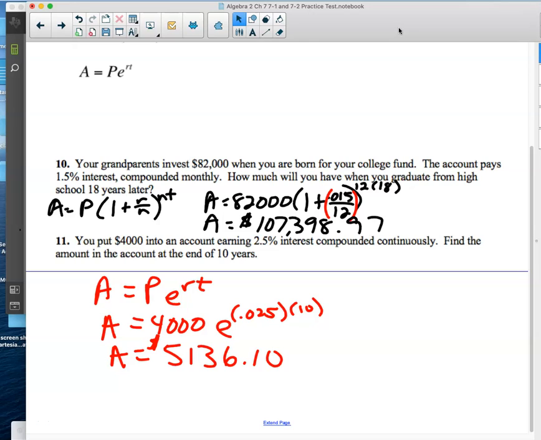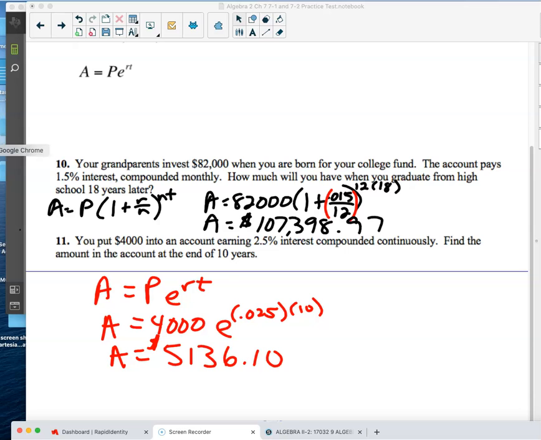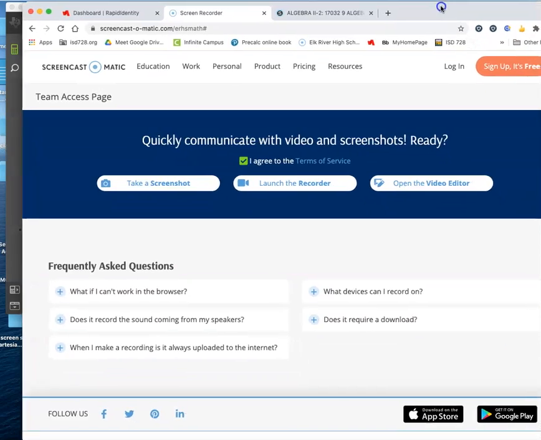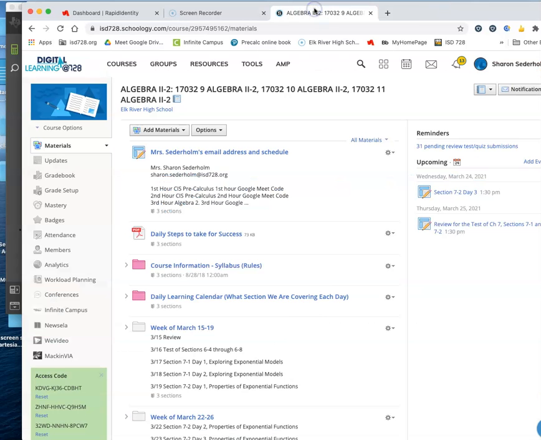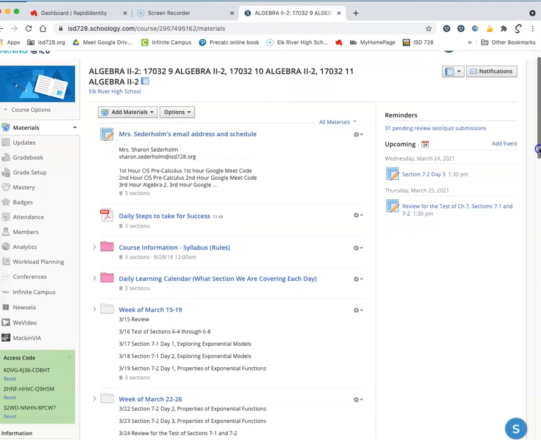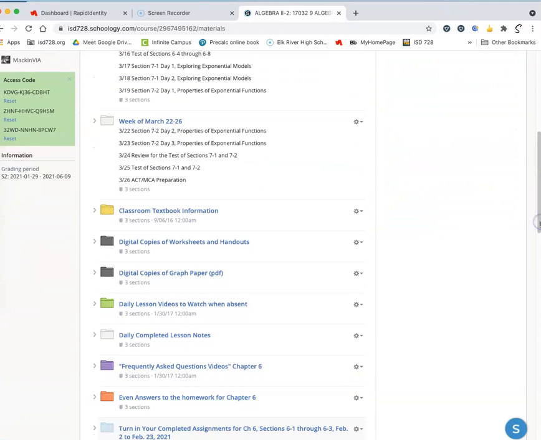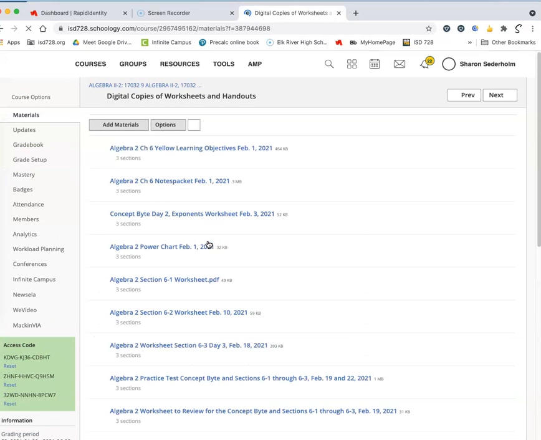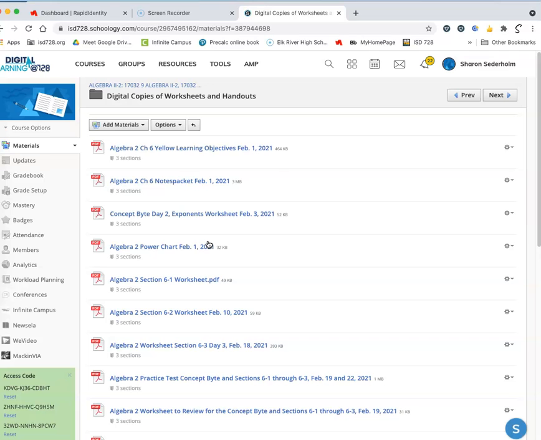Let me show you where it is. Anything that we copy is always going to be in that black folder. Digital copies of worksheets and handouts. And then you can just look for the date.